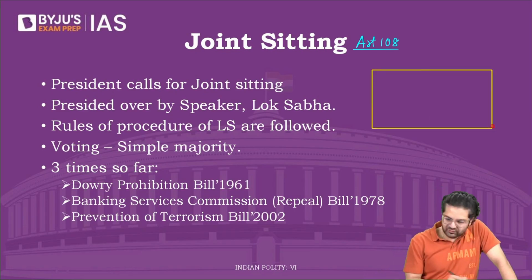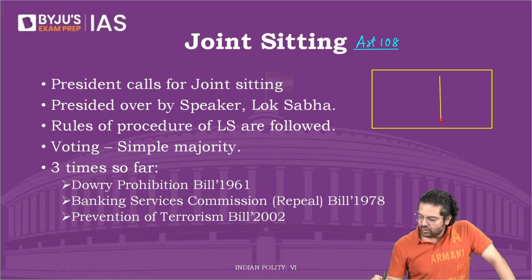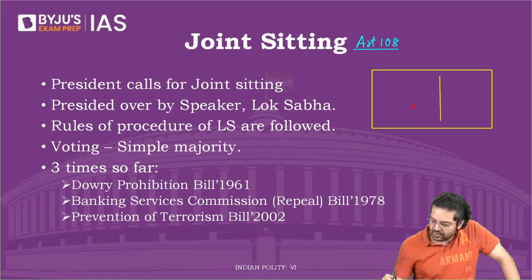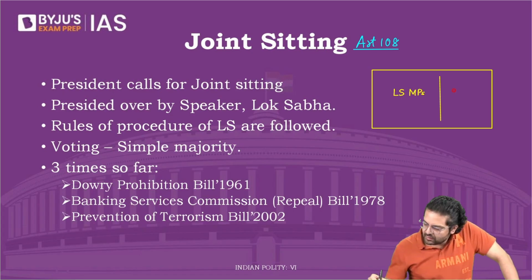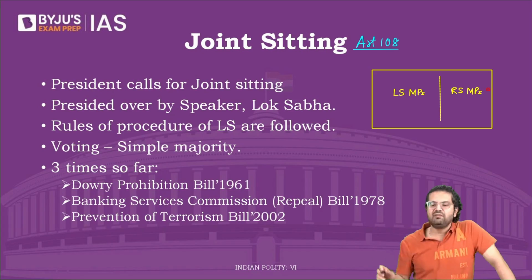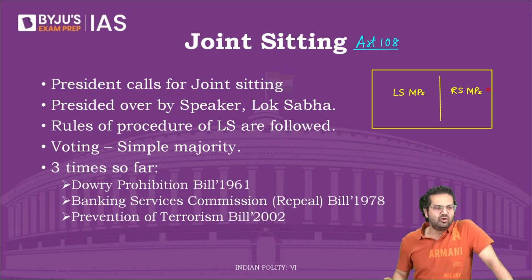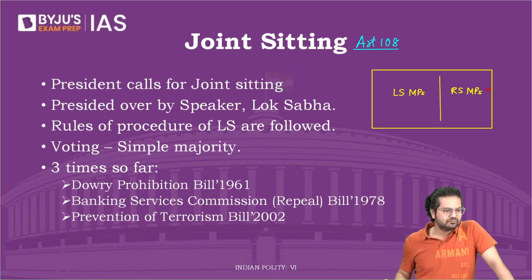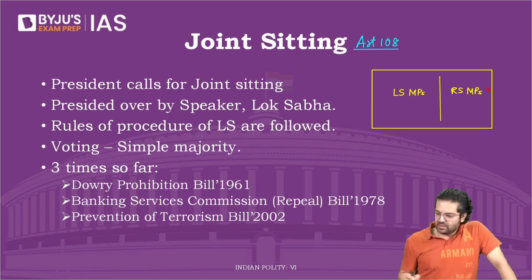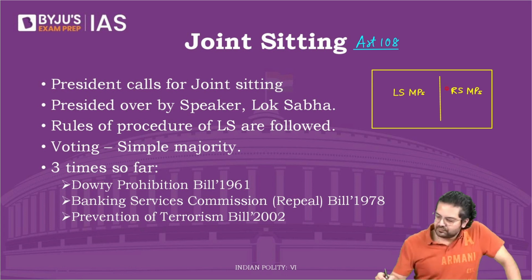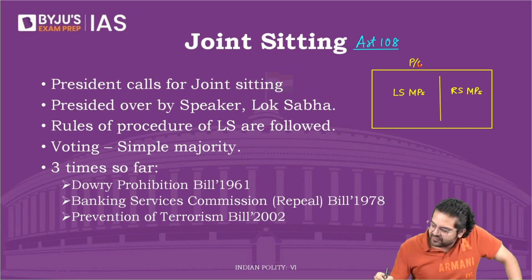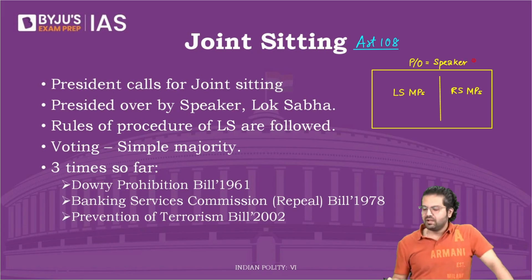All the MPs of Lok Sabha, all the MPs of Rajya Sabha sit together in the Lok Sabha office building only. Why? Because Lok Sabha has space. Don't worry. Clear? And the presiding officer, who presides? The speaker presides. Clear?